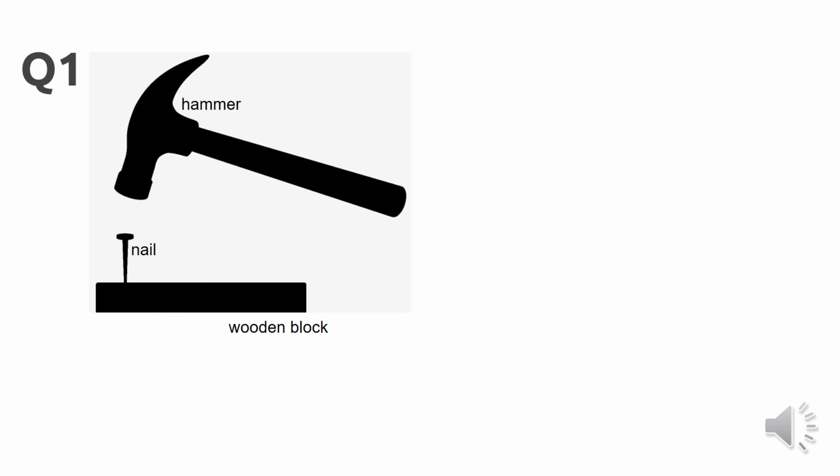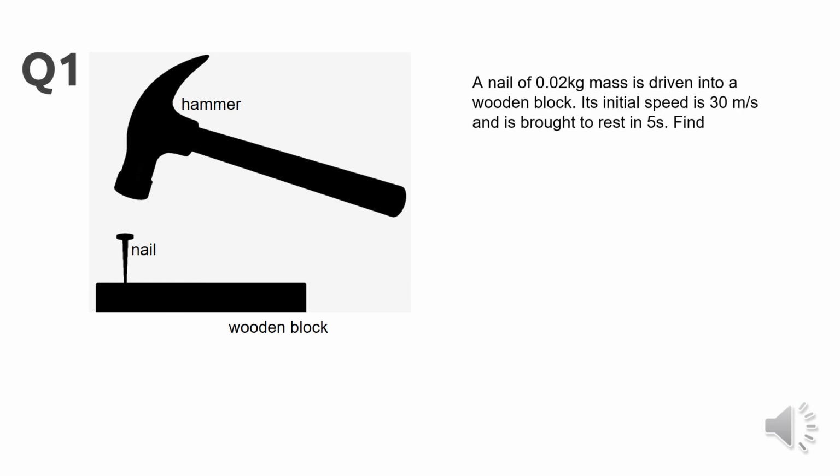Now, let's try some questions. This is the situation. A nail of 0.02 kg mass is driven into a wooden block. Its initial speed is 30 meters per second and it is brought to rest in 5 seconds. If it is brought to rest, it means the final velocity v is equal to 0 meter per second.